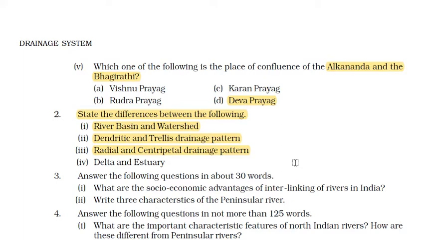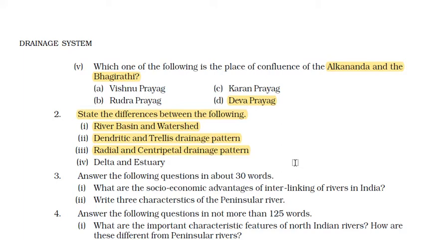When we are talking about dendritic, it basically means a river which follows a pattern just like tree branches. If a river forms a pattern similar to the branches of a tree, that will come under the dendritic drainage pattern. The river Ganga and the Amazon river of Brazil form the dendritic pattern.